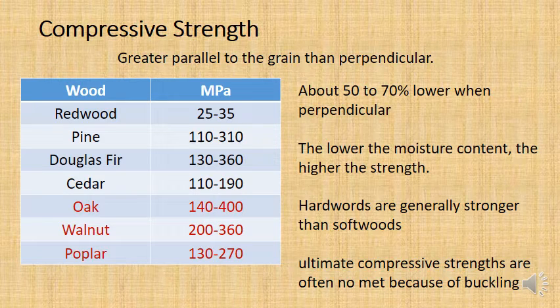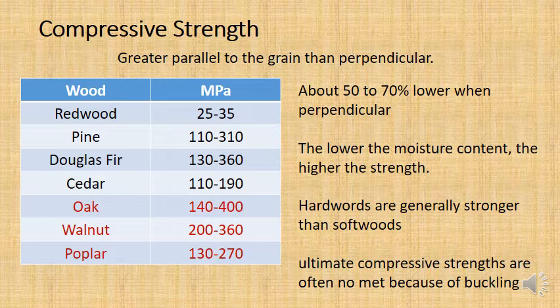But here we can find that hardwoods are generally stronger with ultimate compressive strength than softwoods. So you can see there, look, you've got oak, walnut and poplar. Those are hardwoods, and you can see that their compressive strengths tend to be a little bit higher than the softwoods.